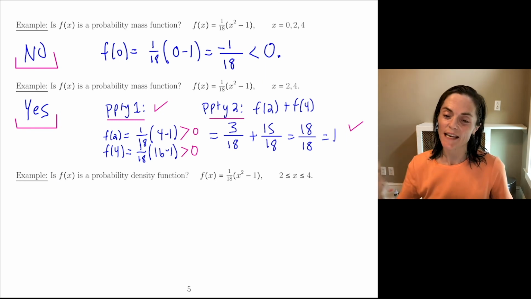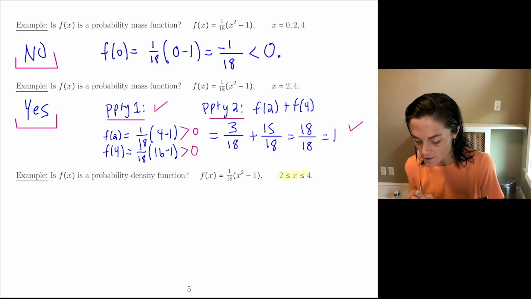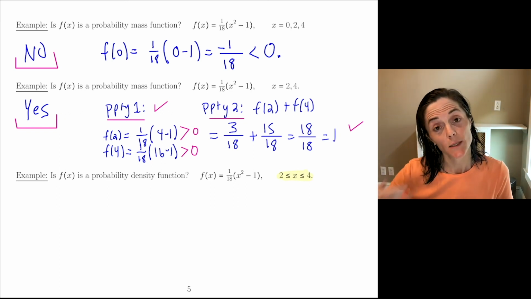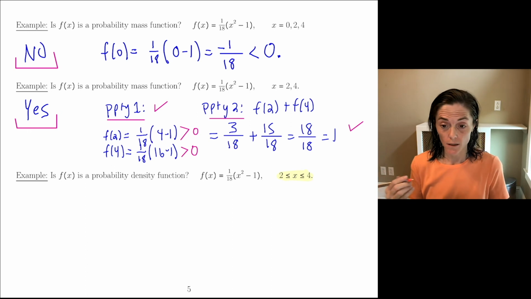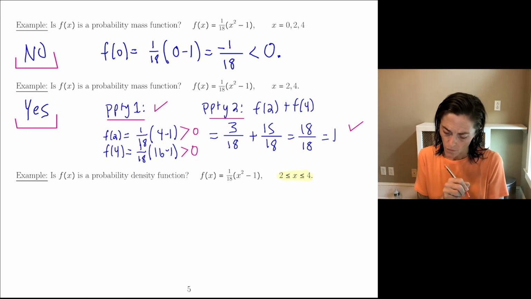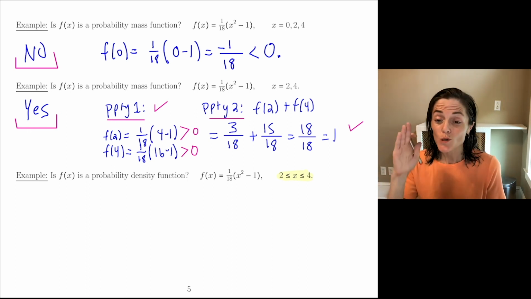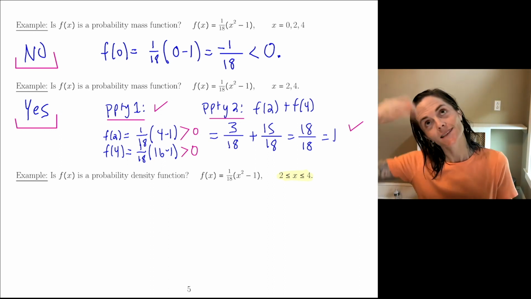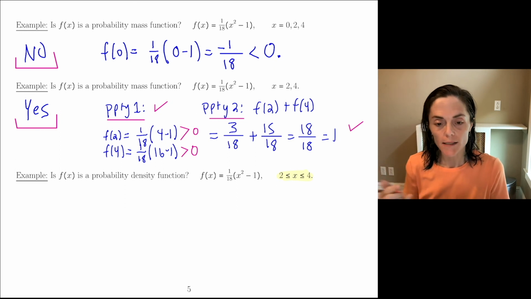Okay, last example. Here we have this interval of values. So I'm checking to see if this is a probability density function. Well, 2 squared, 4 squared, and really anything between 2 and 4 squared minus 1 will be positive.